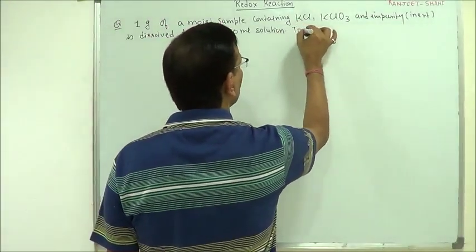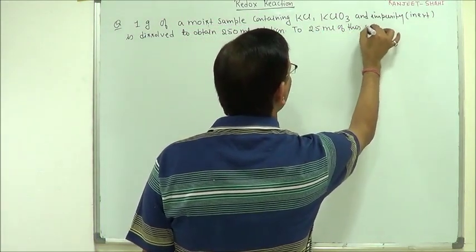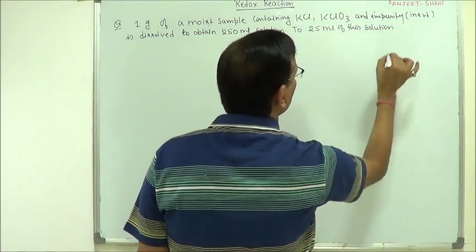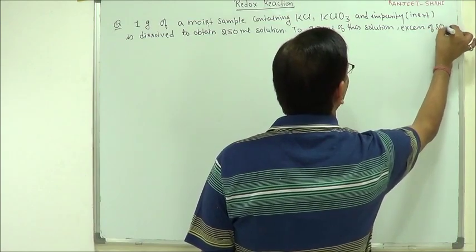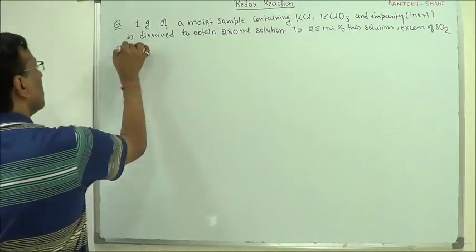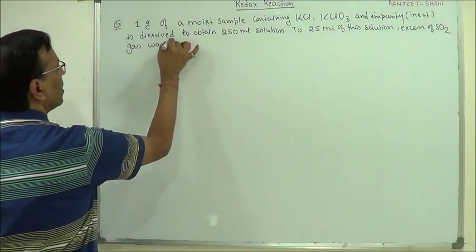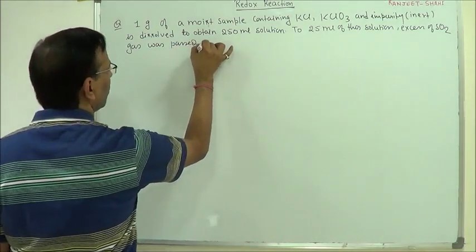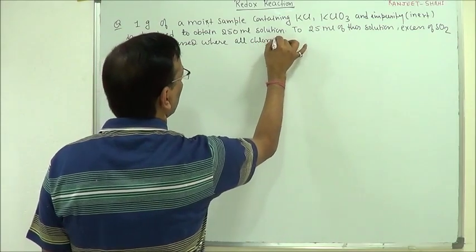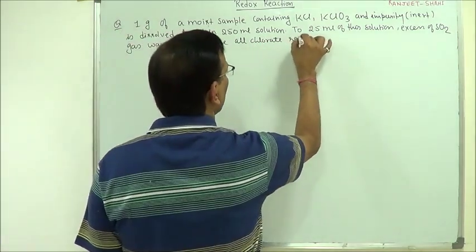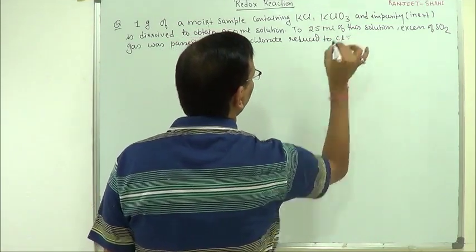To 25 ml of this solution, excess of SO2 gas was passed, where all chlorate reduced to chloride.